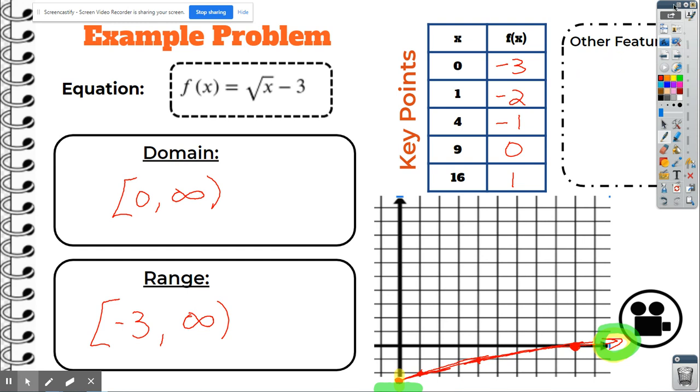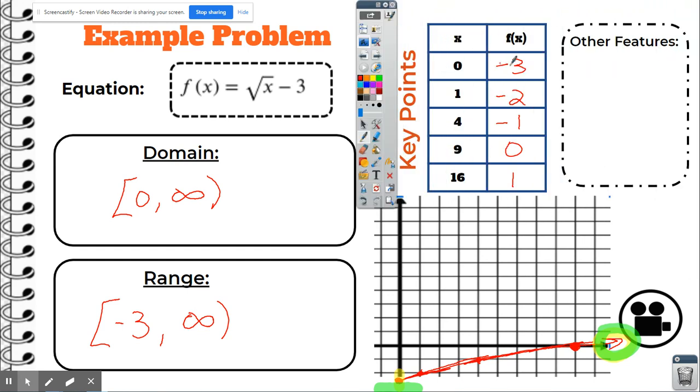Some of the other key features that we want to talk about are definitely your x-intercepts, your y-intercepts, and of course, what type of endpoint you have. X-intercept first. It crosses the x-axis at 9, so that coordinate would be 9, 0.